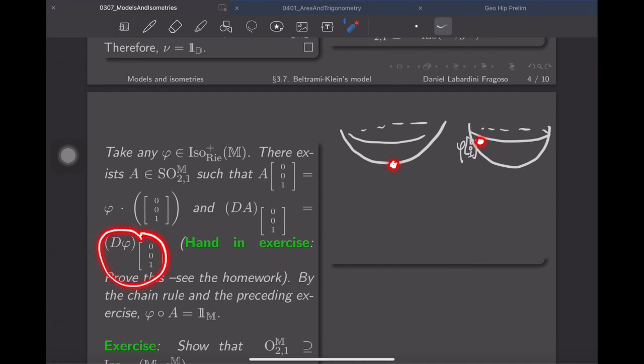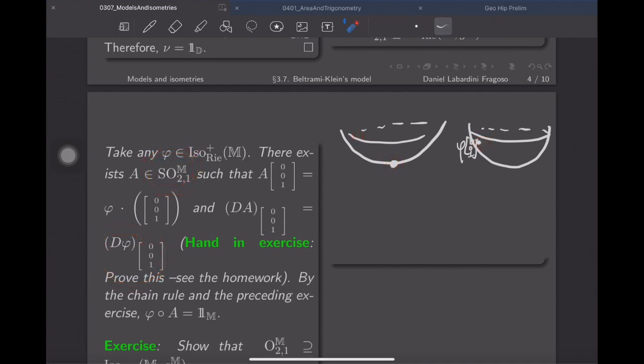And so what I'm claiming is only that there is one matrix here that has this behavior on the point and the same infinitesimal behavior at that point as phi. But I still have a long way to go, because if I take another point, then I agree, I don't know that it's the same matrix.